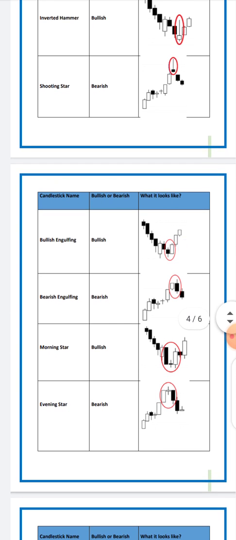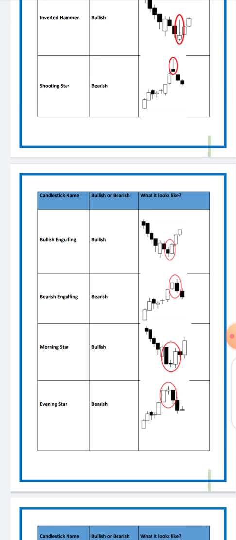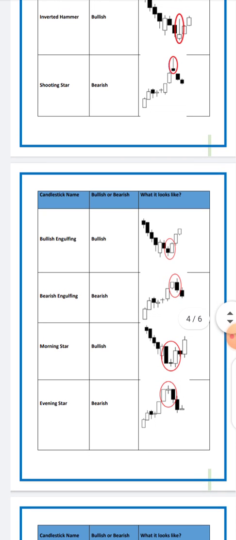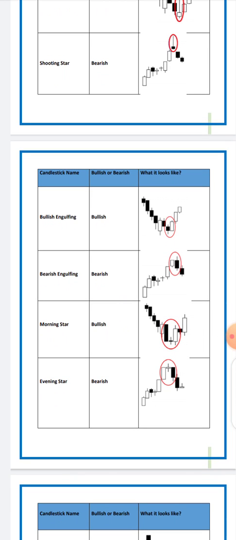For the bullish engulfing to hold, the white candle formed at the end of this downtrend must be bigger: the previous black, bearish candlestick must be contained in the bullish white candlestick. So the white candlestick must be a bit taller than the previous bearish candlestick. Please understand that. Whenever you see them at the end of a downtrend, it's going to be a reversal up, just like it is here.